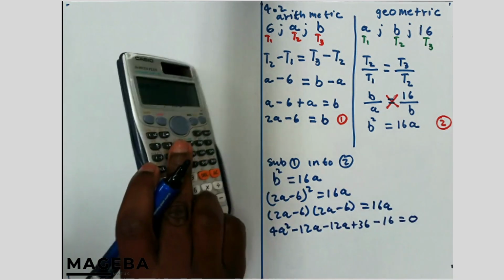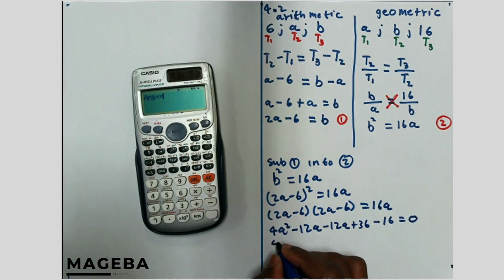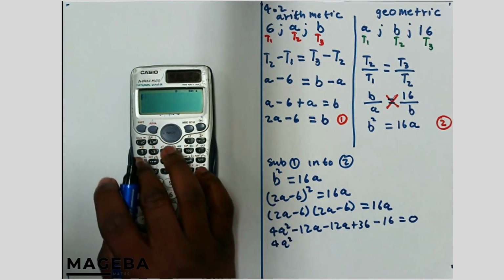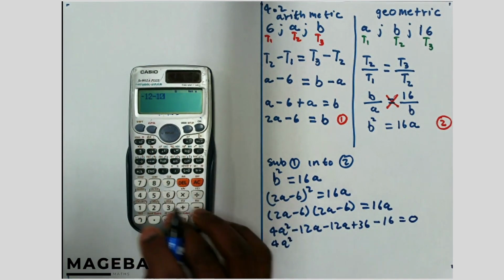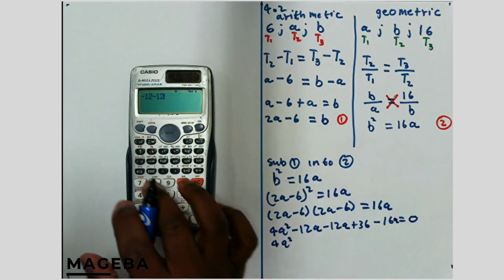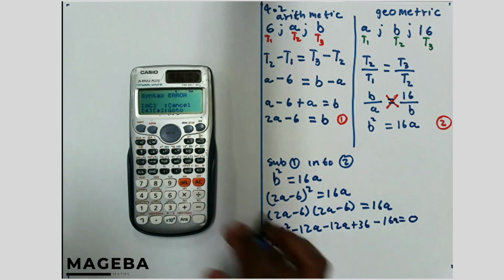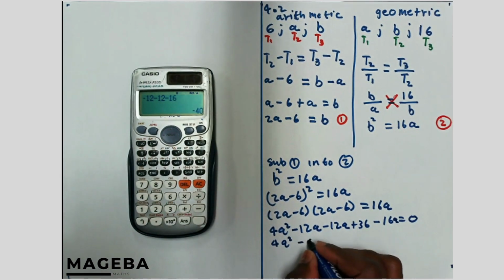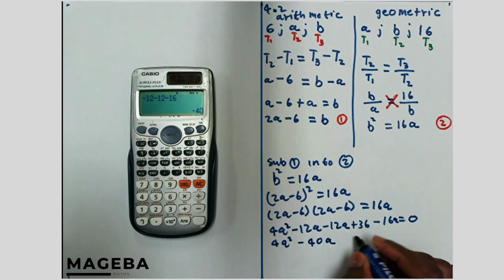Then here I can group my like terms. I only have 4A squared here. I have negative 12A minus 12A and then negative 16A, which is giving me minus 40A, and then I only have 36 here, equals 0.